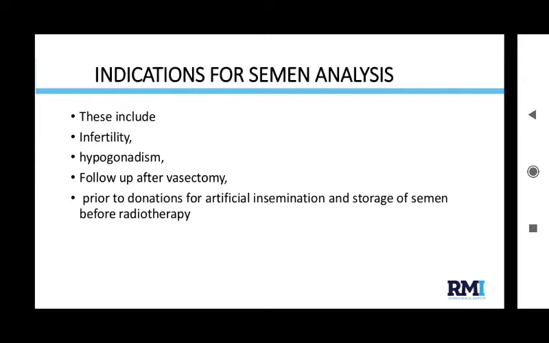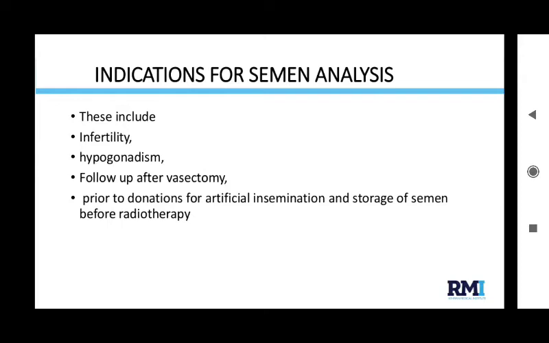In hypogonadism, the gonads have not grown and developed to the normal extent. And follow-up after vasectomy: after vasectomy is done, whether it has been successful or not, whether the sperm count is completely absent or you can still see sperms in the semen, shows the success or otherwise of the vasectomy.